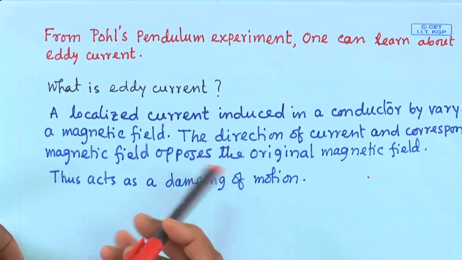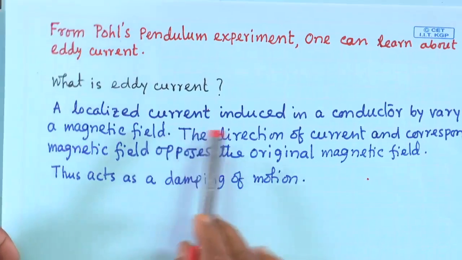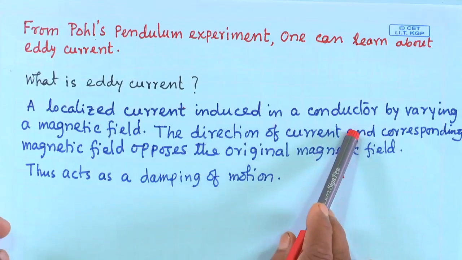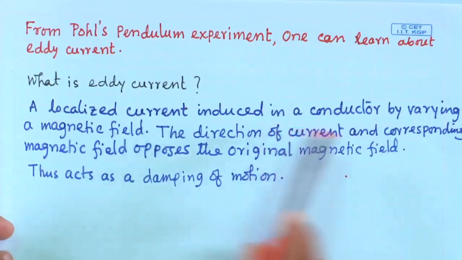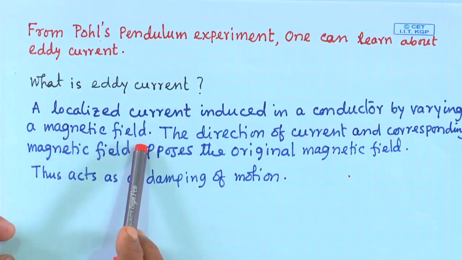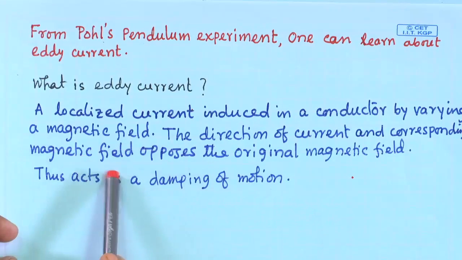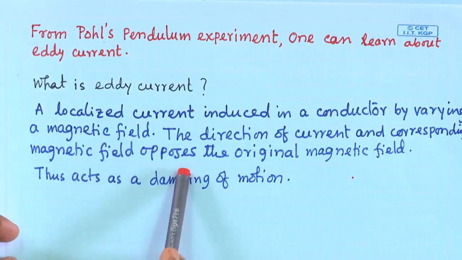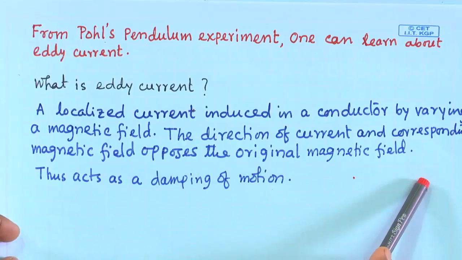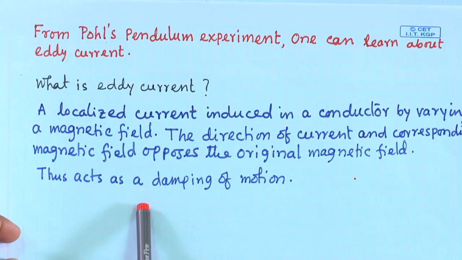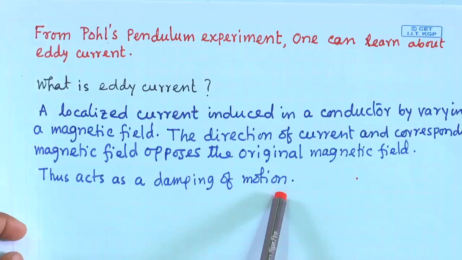The eddy current is basically a localized current induced in a conductor by a varying magnetic field, right. So, the direction of current and the corresponding magnetic field opposes the original magnetic field, and thus acts as a damping of motion. Okay.